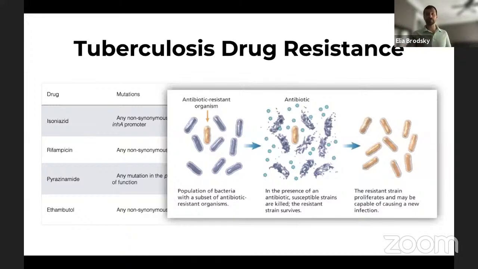Tuberculosis is one of those examples. As we know, there is a huge problem with drug-resistant bacteria that is now not responding to a single type of antibiotic, or what's called multi-drug resistant bacteria as well. And those could be detected by analyzing publicly available genomic data.